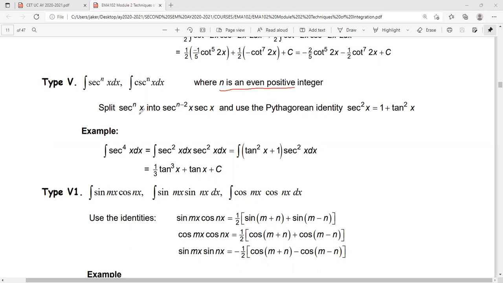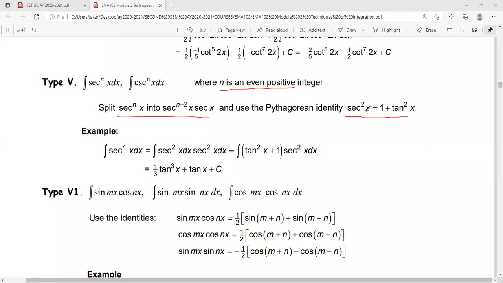Actually, the answer to my question is in here. It's so that it can be used with the Pythagorean identity. What you are converting actually is the secant squared of x to tangent squared of x plus 1.